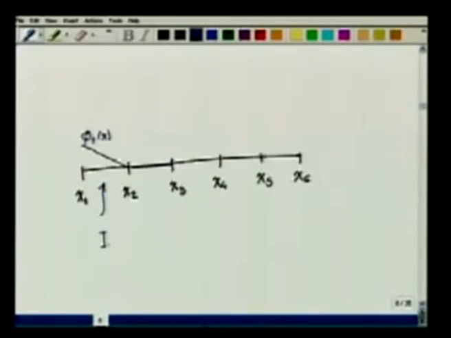So these elements are going to be given names like this. Element I, or I could call it omega I, is the set of all points lying between xi and xi plus 1. In other words, this function phi1 is non-zero in element 1 and 0 in all other elements.